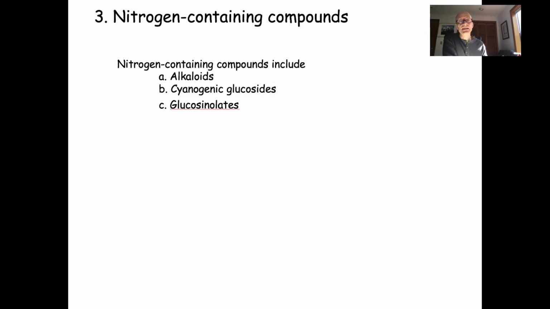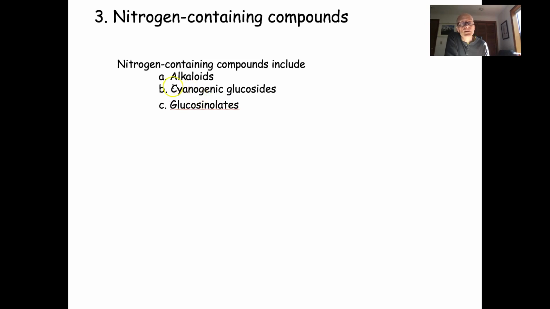All right, and so now let's get to the nitrogen-containing compounds. Among the nitrogen-containing compounds, there are three classes that we'll discuss. The alkaloids are probably the most interesting, or the most notorious, if you will. And then there are the cyanogenic glycosides, so they're producing cyanide, and glucosinolates.